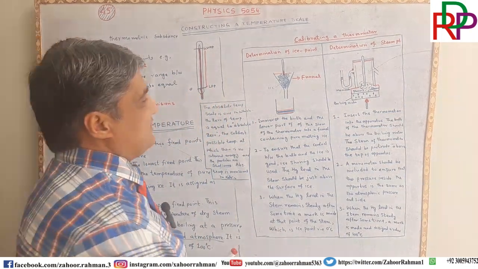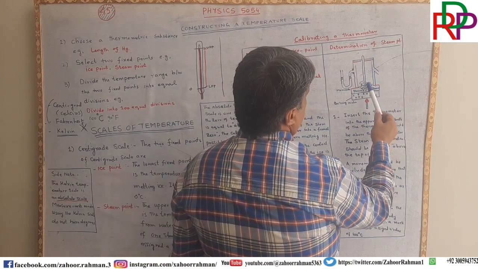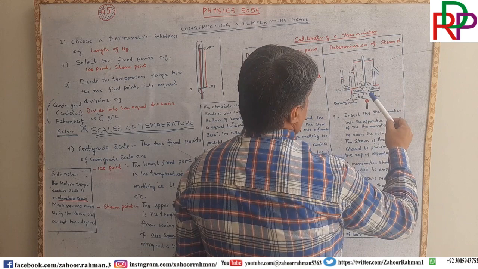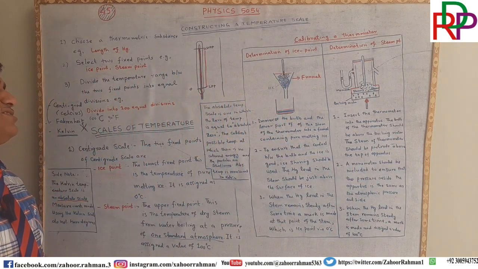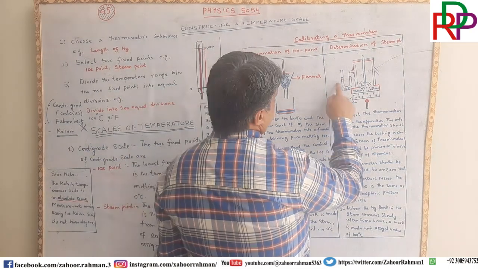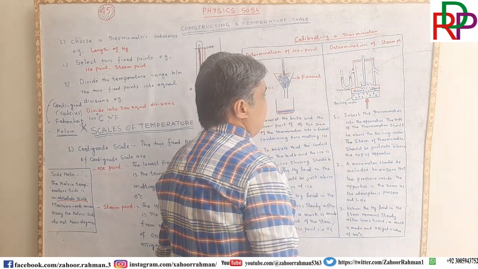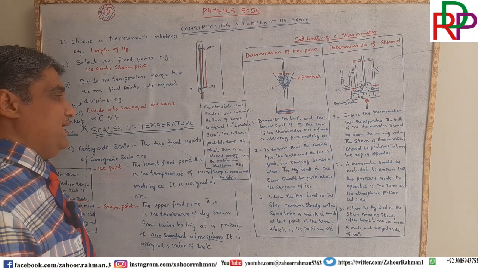Now on this side there is a tube from which the steam will get out, and on this side we will have a manometer which will measure the external pressure. It should be 1 atmospheric pressure.